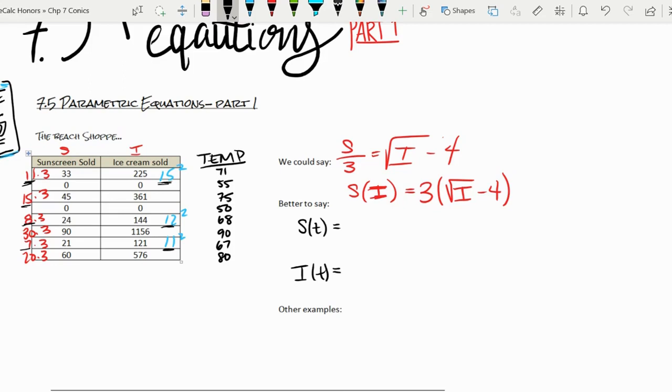I'm going to start by comparing the sunscreen numbers first with the temperature numbers. And since we're writing in terms of temperature, I'm going to start with the temperature, so 71 down to 33, 55. Notice the zeros, I might skip over those right now because it seems like something's funky going on.